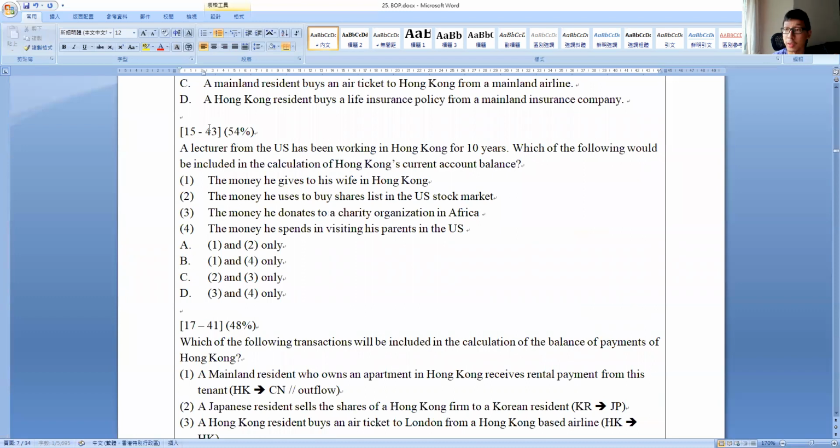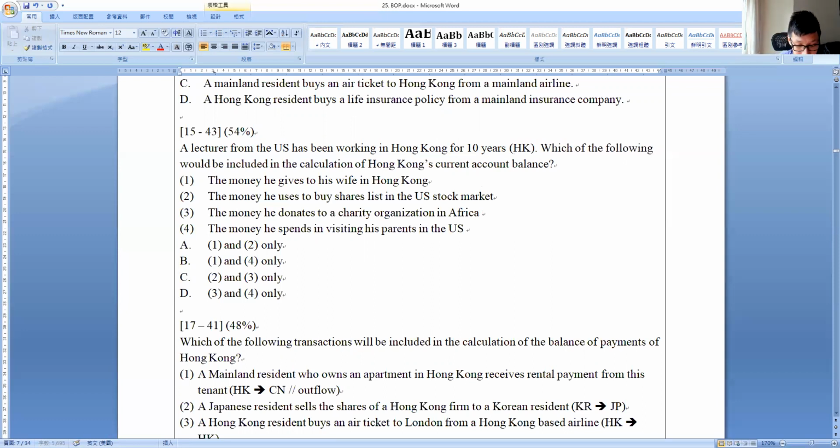2015, question 43. Now you see 54%，呢人真係唔識做 BOP 㗎，唔係講笑㗎。Okay, a lecturer from the US，係嘛，has been working for 10 years. What is the difference between this question and the question just now? 10 years, meaning by definition, he would be in Hong Kong RPU.